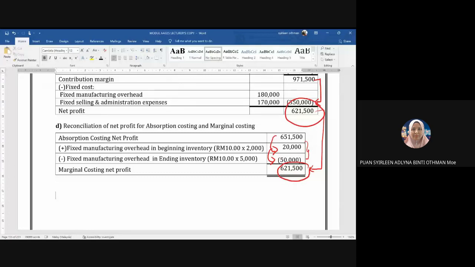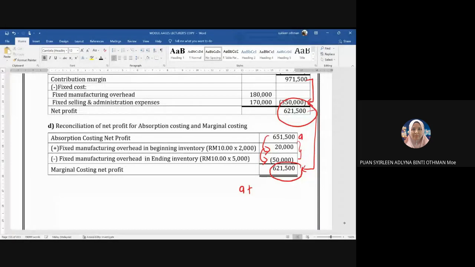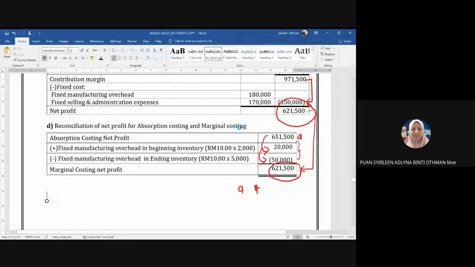Okay, so make sure apa yang dapat dekat A ni, okay, A tu sebenarnya ialah A plus beginning, aduh, bila dia lagging tu dia banyak betul masalah. Okay, so A ni yang 651,500 ni, you akan plus 20,000 minus 50,000.